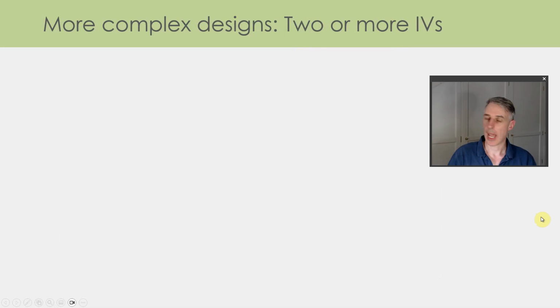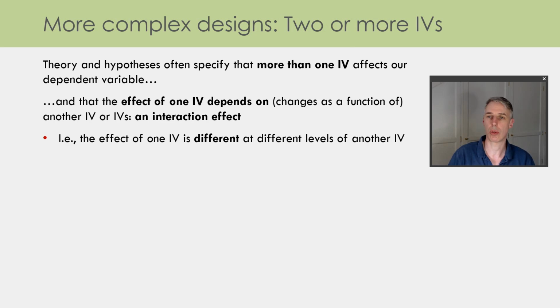Often we are looking at phenomena that do not have only one cause. Instead, the things that we're interested in are often caused by the interplay of many different variables. So when we're addressing research questions such as this, we might want to make our designs more complex by adding in additional independent variables.